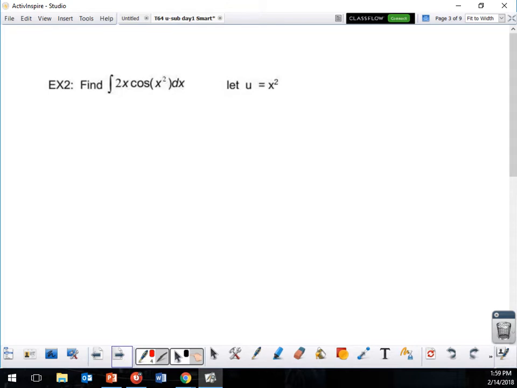okay? So now, from right here, it gives us u again, right? So if u is equal to x squared, the derivative of u is du, that's the derivative in terms of u, du over dx, equals 2x dx.